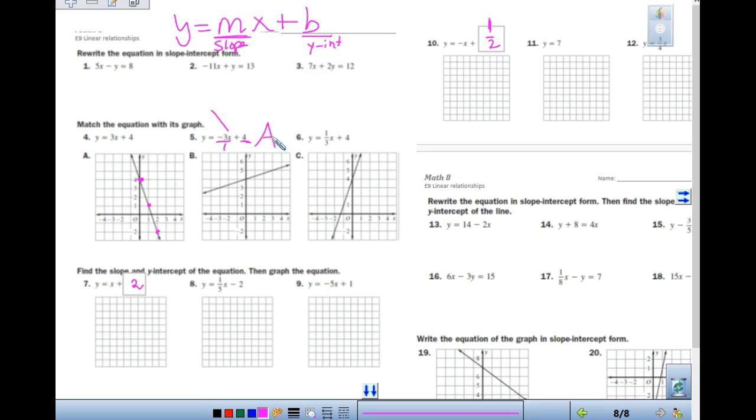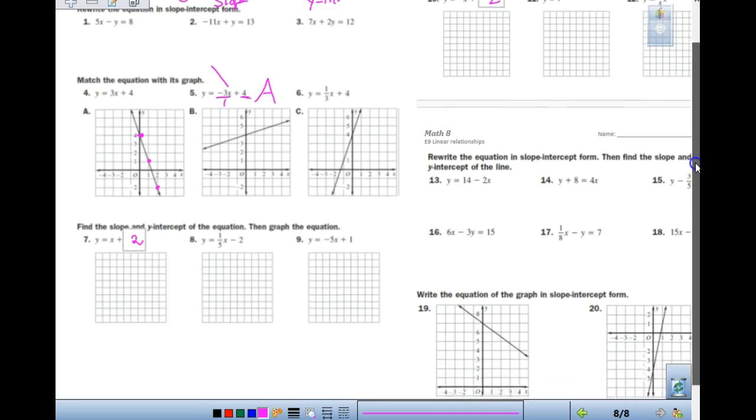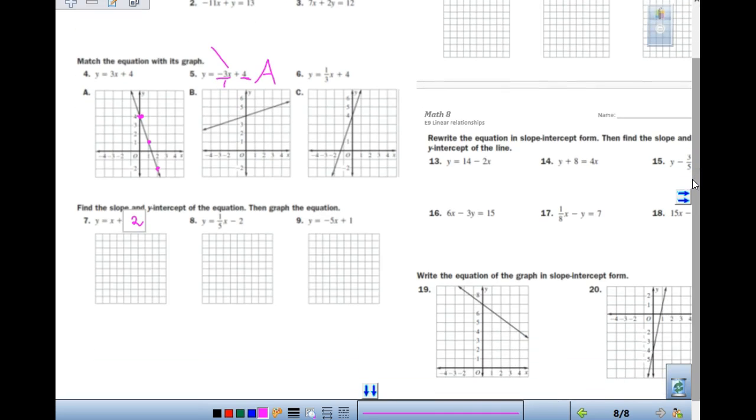Number 7 has plus 9, change it to 2. 9's too big, okay? I want you to change that to a 2. Here's what you have to do when you graph these. I need a y-axis, kind of put it in the middle, and then put your x-axis. Please make sure you label those.